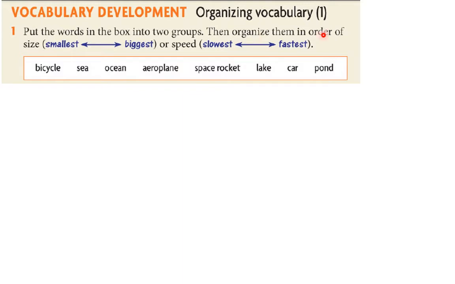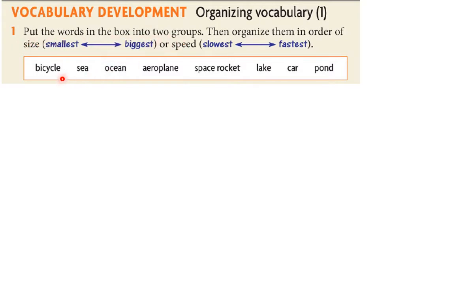In order means from order to order, for example, from number 1 to number 10, or from smallest to biggest, or from slowest to fastest. So, in exercise 1, put the words in the box into two groups.